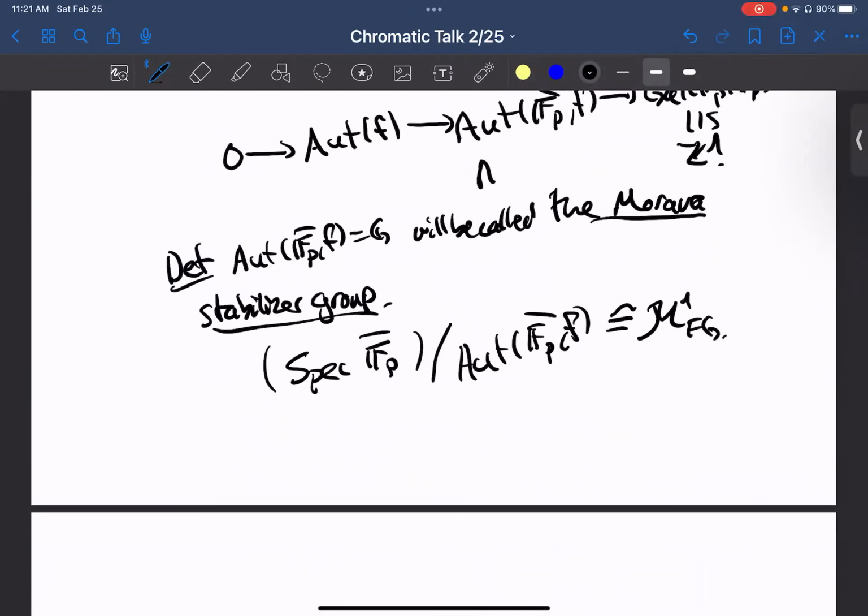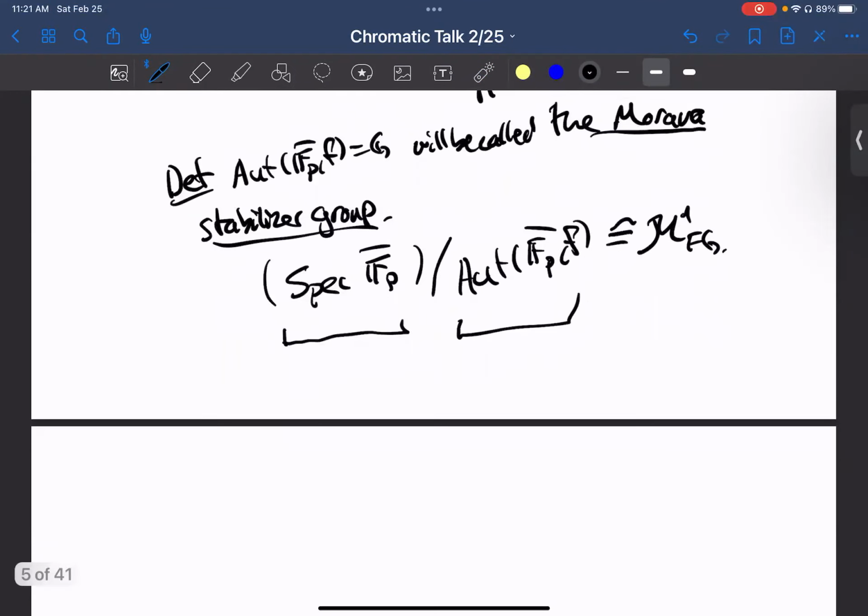This just sort of repeats the fact that, or rather, this is a reflection here that this is what you could call a pro-étale algebraic space, because it's a quotient of a scheme by some pro-étale equivalence relation. Okay.